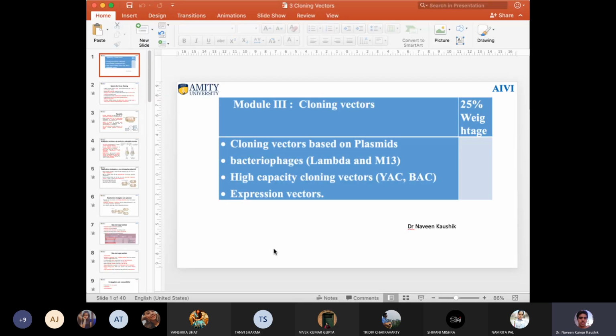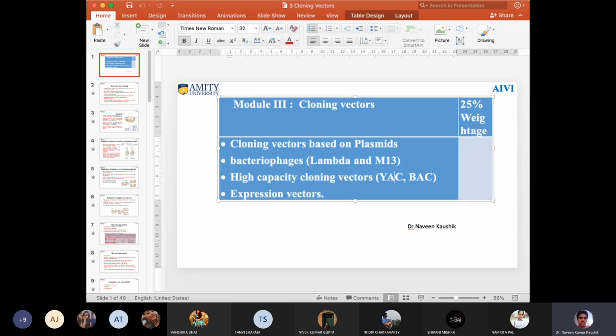Okay, so this is about the viruses and the cloning vectors that you can use. Now the next thing that we have to talk about is high capacity cloning vectors, that is YAC and BAC. I'm not continuing with YAC and BAC now because it is going to be an overload for you.